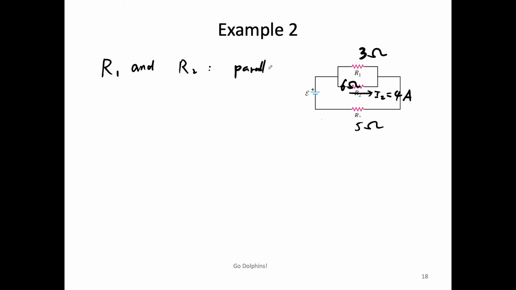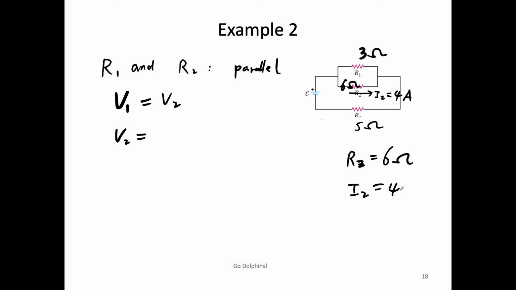Parallel, right? When R1 and R2 are connected in parallel, I should know V1 equals V2. And can I find out what is V2? I know I2 equals 4, and by Ohm's law, V2 is I2 R2, 24 volts.